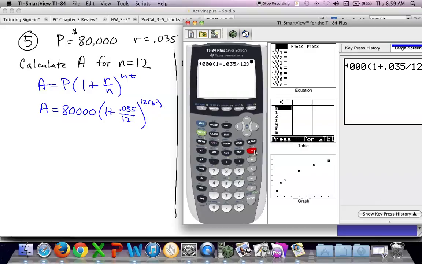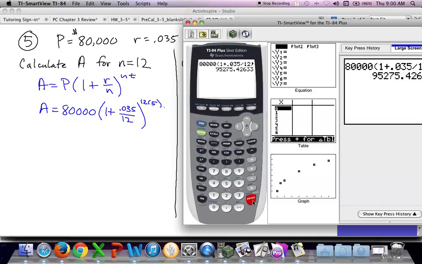And here's the possible exception. If you got an 83, you need to put what follows in parentheses. If you got an 84 and it pops you up into the exponent, then you don't really need the parentheses at that point. You could also just do the math in your head and say 60. Just put in a 60 and you wouldn't have the same issue anyways. I'll put in 60. Okay, enter.